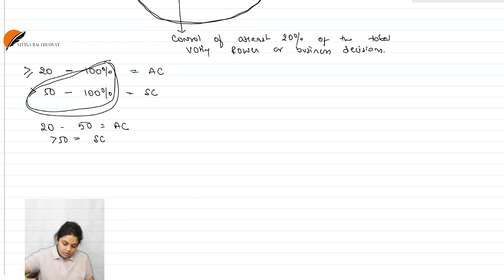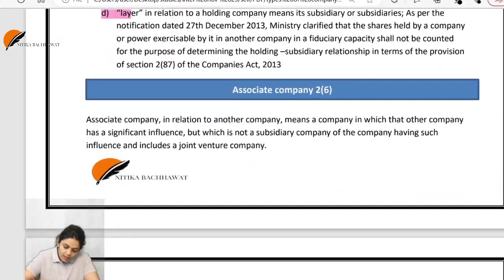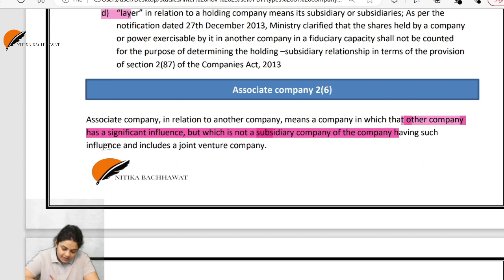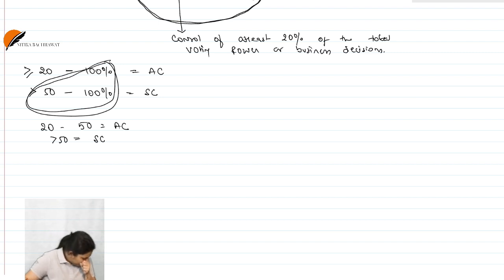Yes. So in relation, an associate means a company in which that other company has a significant influence but which is not a subsidiary and includes a joint venture. So joint ventures, like we have the Hero Honda joint venture, right? Was there, Maruti Suzuki. So these are joint ventures.